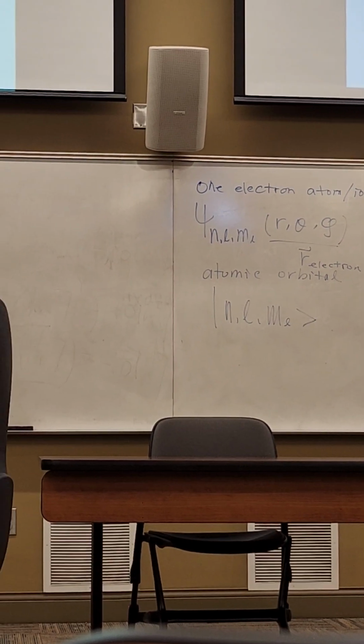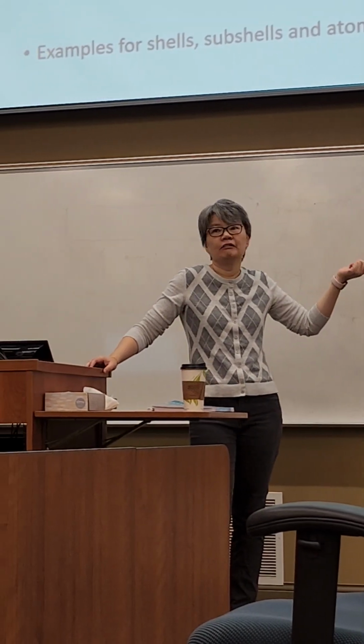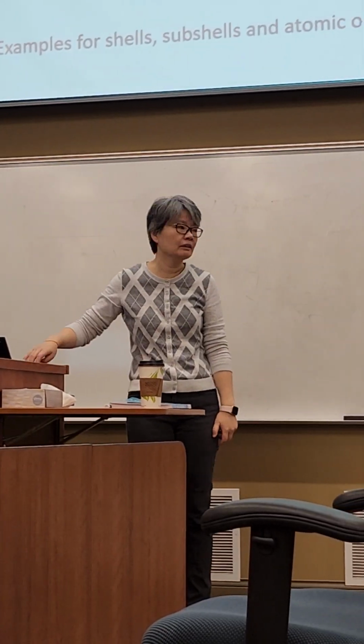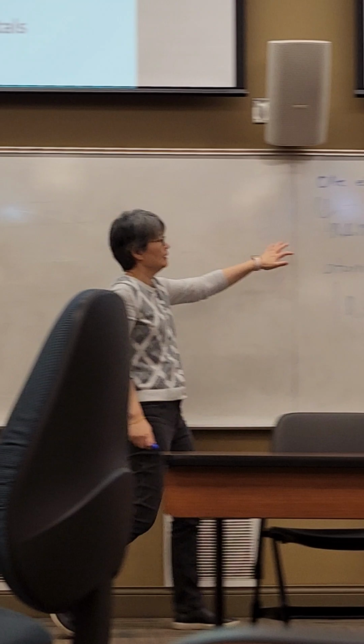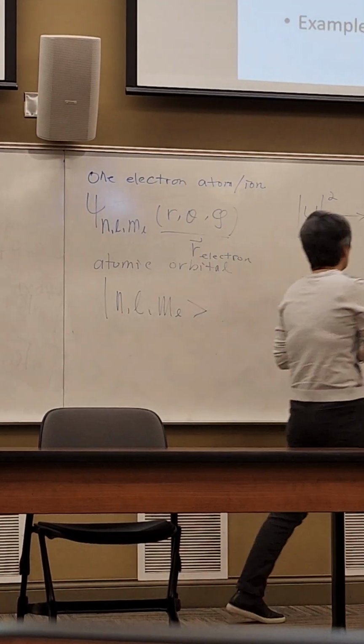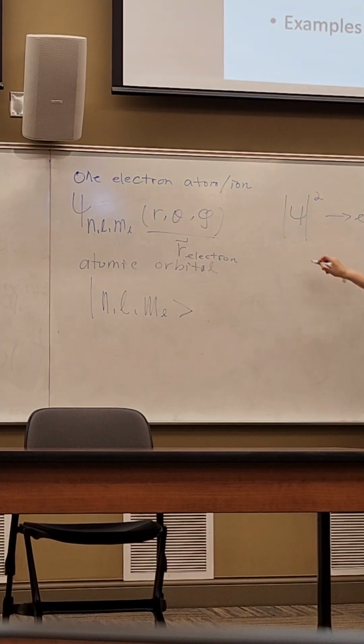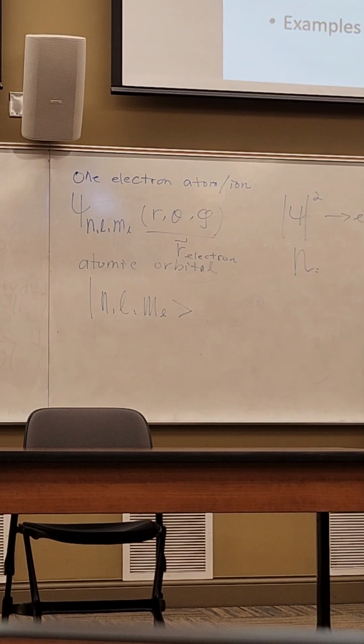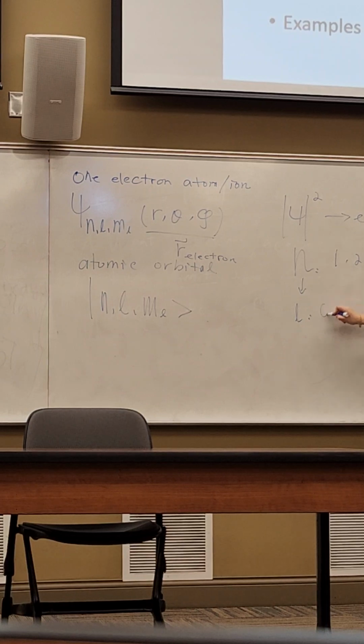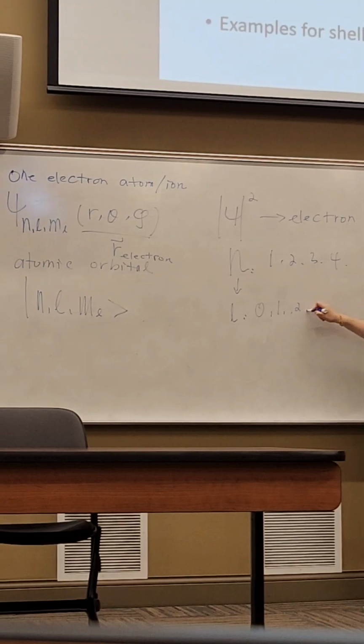Now, in the wave function, we have three quantum numbers: n, l, and m sub l. Through solving the Schrodinger equation, n is the principal quantum number. It can take positive integers, and n will restrict the value of l. l starts from 0, then 1 and 2, and keeps going.